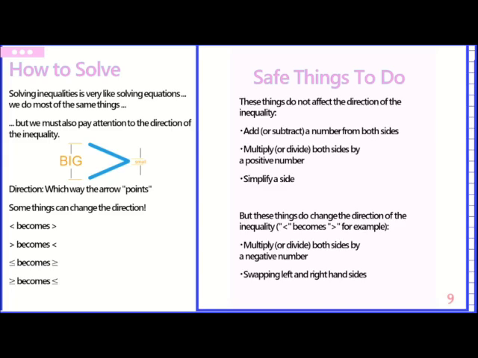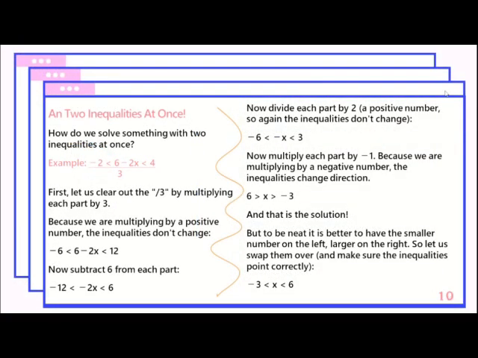But these things do change the direction of the inequality, like less than becomes greater than, for example. First, multiply or divide both sides by a negative number, and second, swapping left and right hand sides.